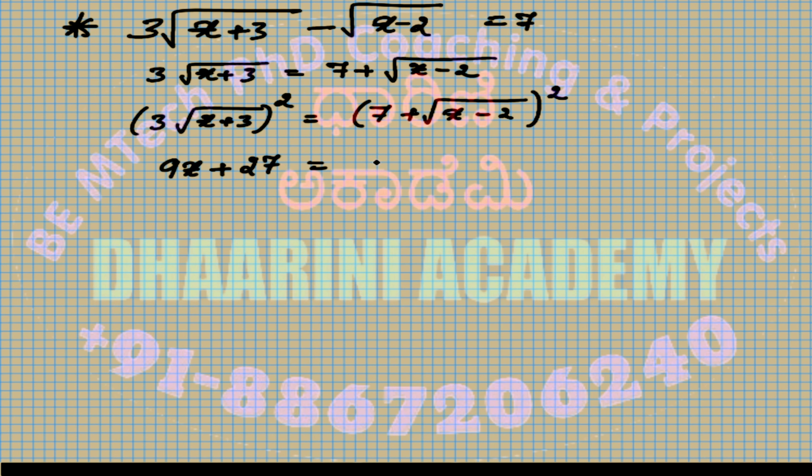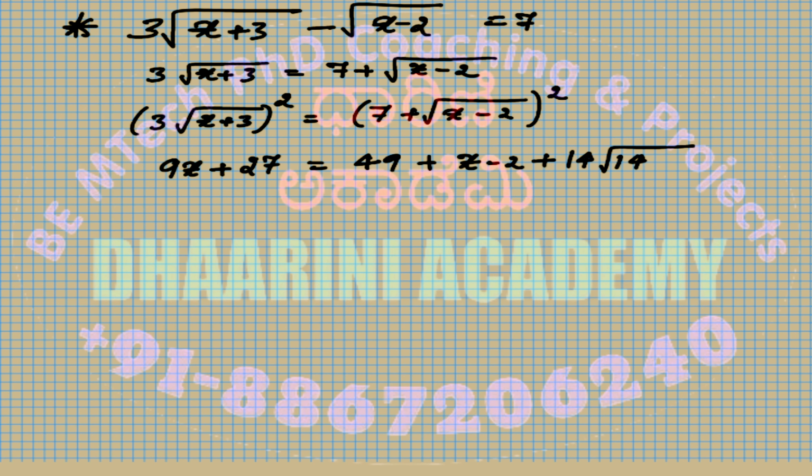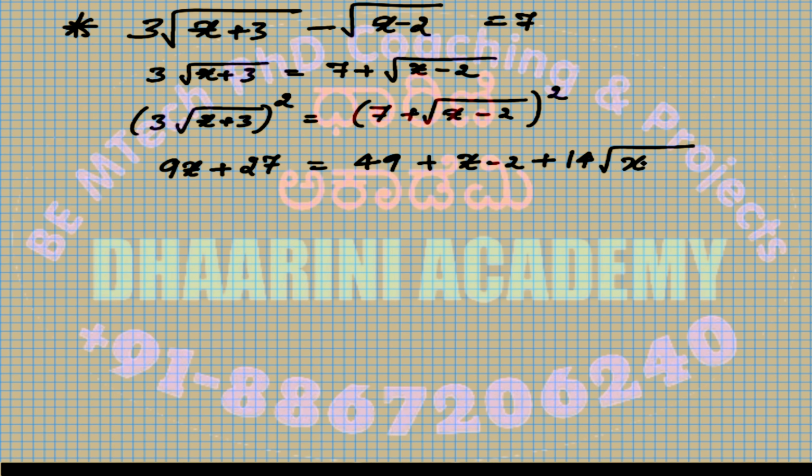So a square is 49, that is 7 square. Then b square is x minus 2. Then we have plus 2 into a, so 2 into 7 is 14, into b, that is root of x minus 2.